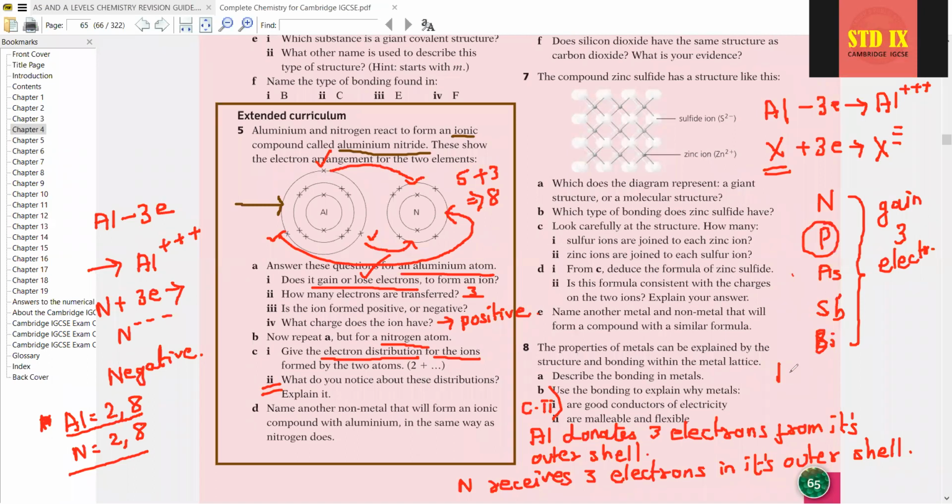Aluminium plus plus plus and phosphorus minus minus minus will combine to form AlP. This is the answer. So the other non-metal I have named is phosphorus and the compound will be AlP.